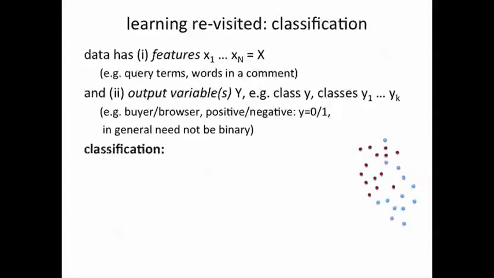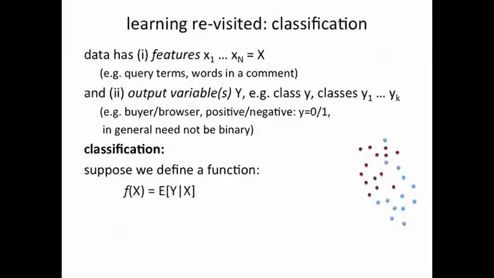Now, to formally model the classification problem, if you have a bunch of features in a space, we define a function, let's say f of x, which is the expected value of the output variable y given the input variable x.